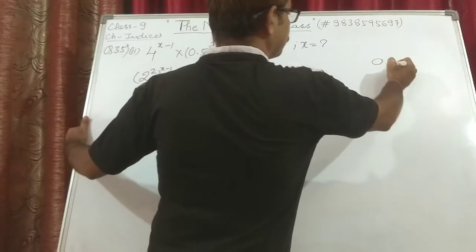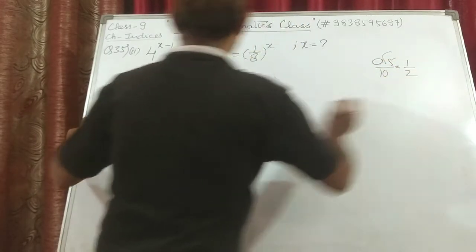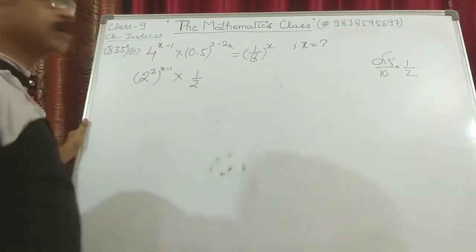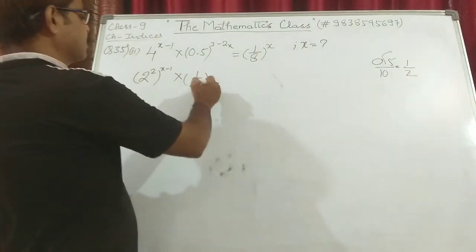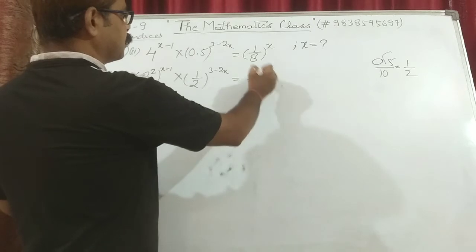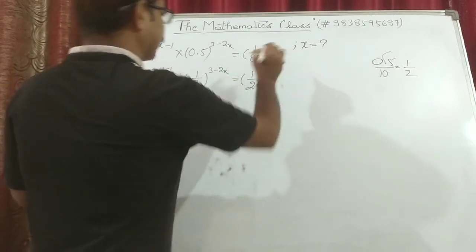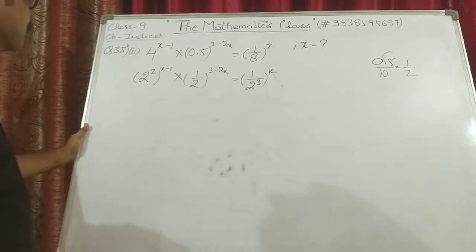Why? 0.5, decimal removed, 10 increased; 5 ones are 5, 5 twos are 10. So 0.5 can be written as 1 upon 2, whole power 3 minus 2x, is equal to 1 upon 8, which can be written as 2 cube, to the power x. I hope this is understood.